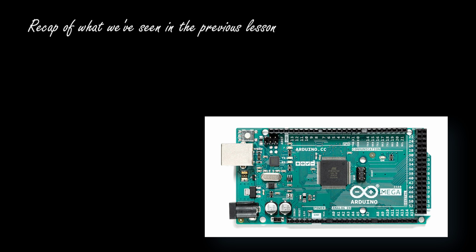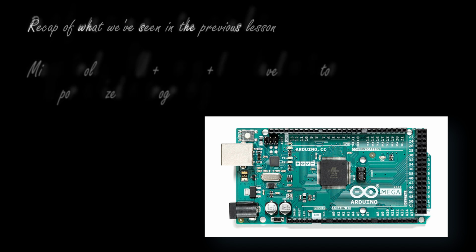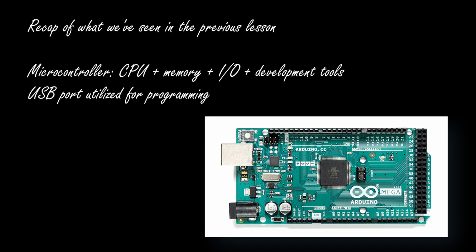In this second lesson, we will go a little more in depth with the Arduino programming. Before doing that, let's do a quick recap of the first lesson. During the first lesson, we have seen what a microcontroller is.